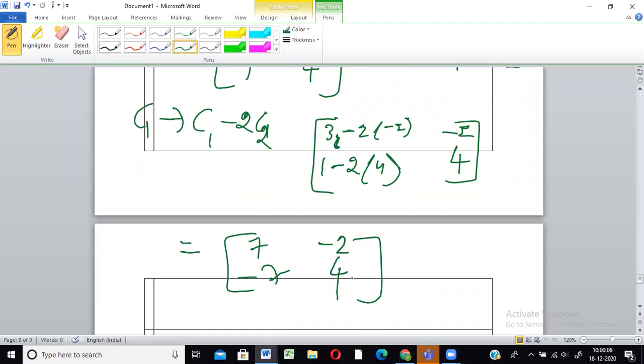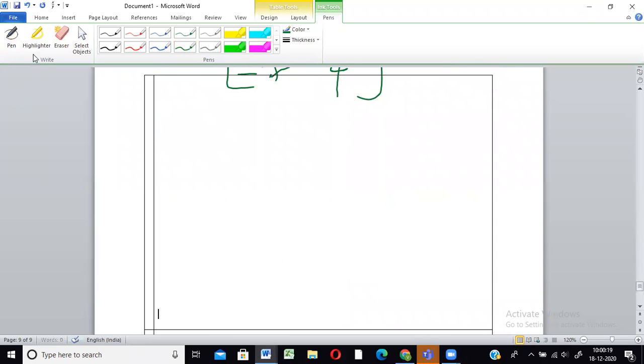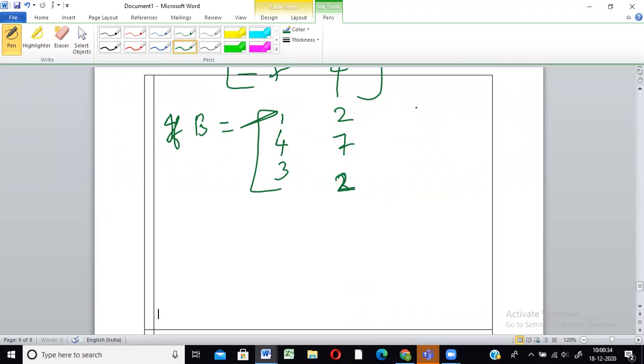Okay. Yes. So we can do a few tiny sums as a part of your example. Suppose B is equal to 1, 4, 3, 2, 7, 2, 3, 1, 1. Then you have to apply the transformation C2 minus 2C1.